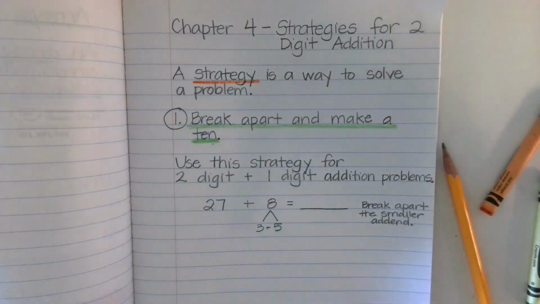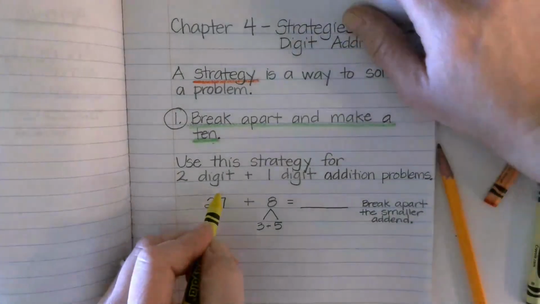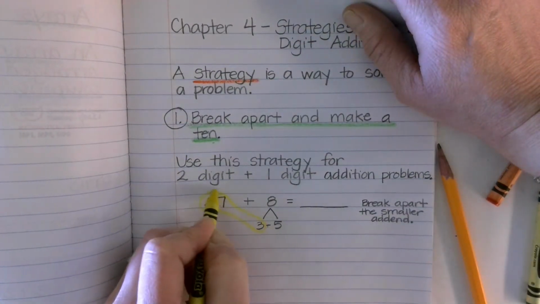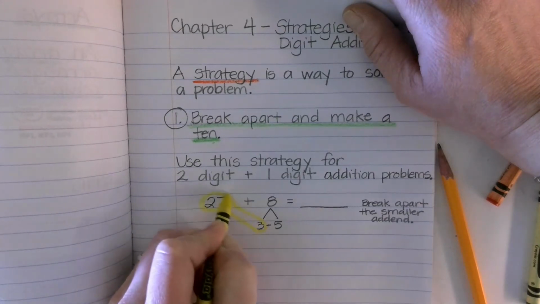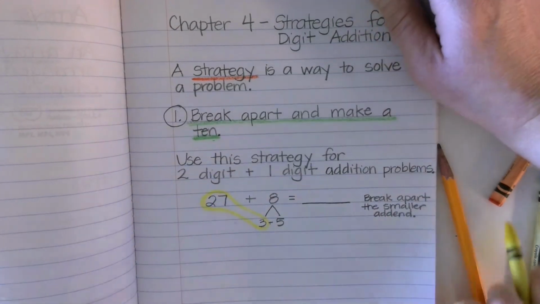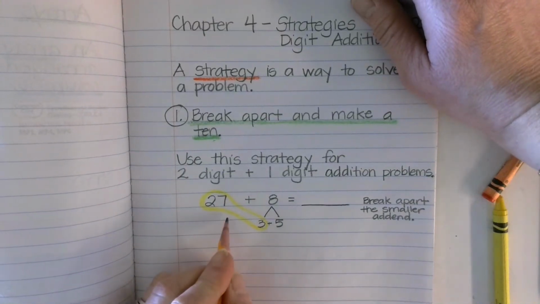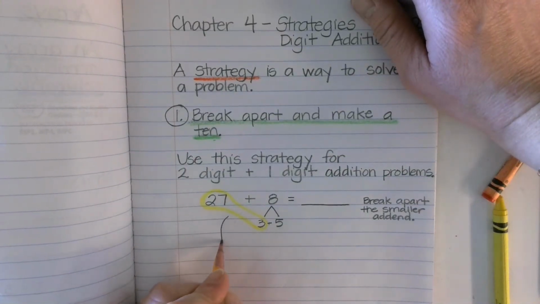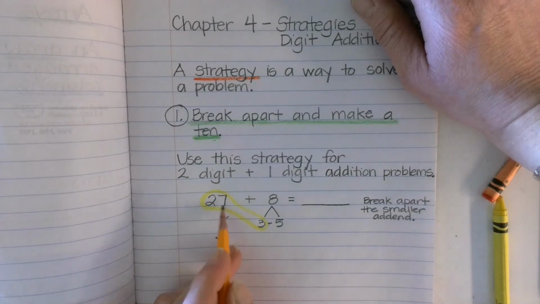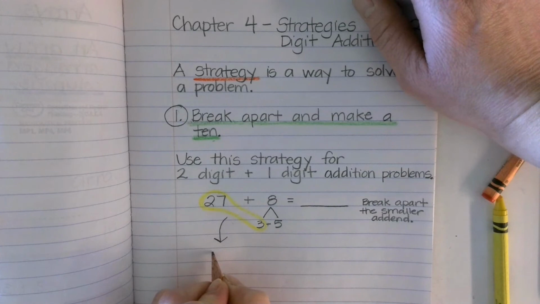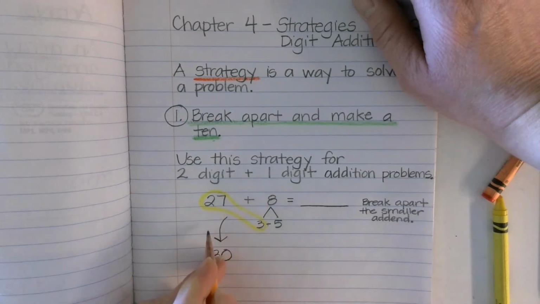So I want you to take your yellow crayon and circle that 27 and that 3 together, and we're going to draw a little arrow, because what is 27 plus 3? It's 30. So this becomes a 30.